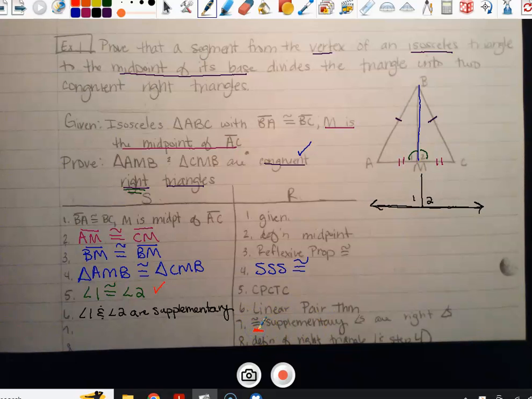And we proved that they're supplementary. So now we can say, hey, that means that they're right angles. Sweet. So angle 1 and angle 2 are right angles.